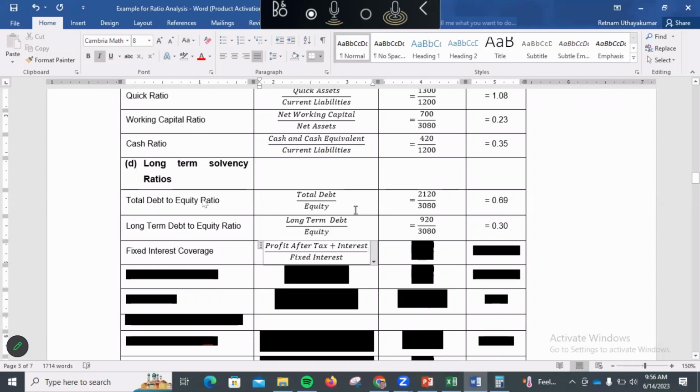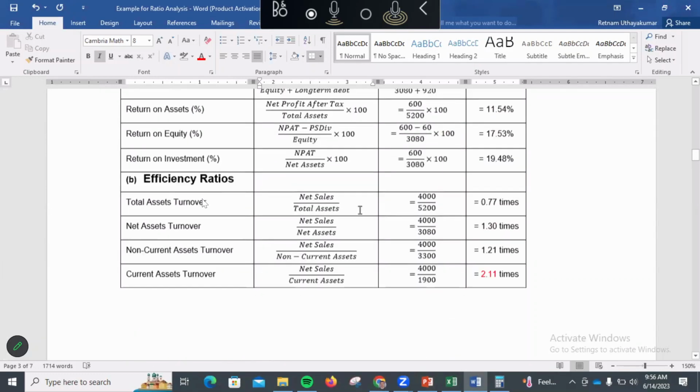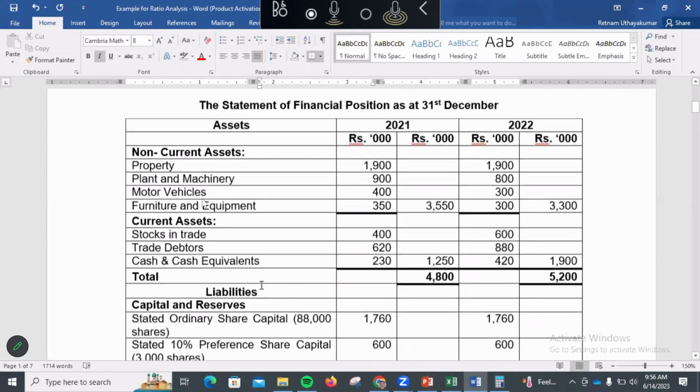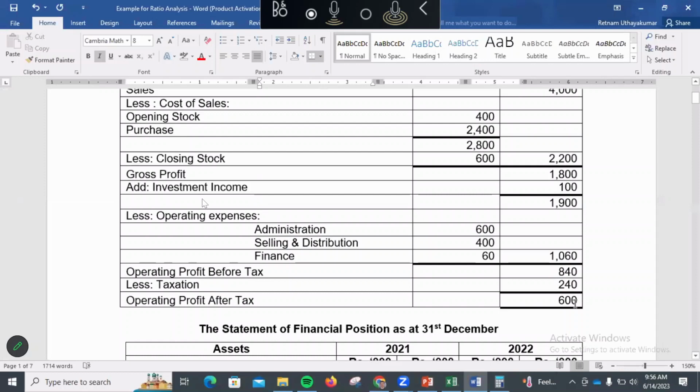Profit after tax is available directly from the profit or loss statement. So operating profit after tax is given as 600. And you want to take the fixed interest. In this case, the finance expense is given as 60.